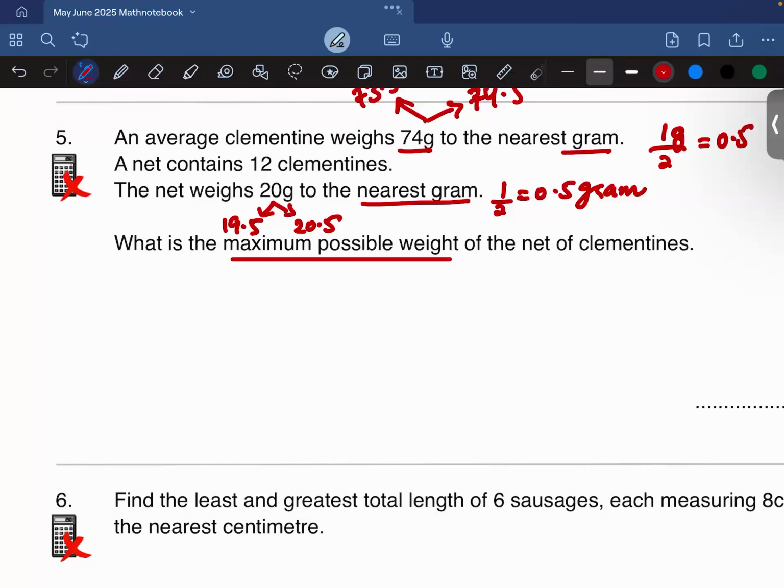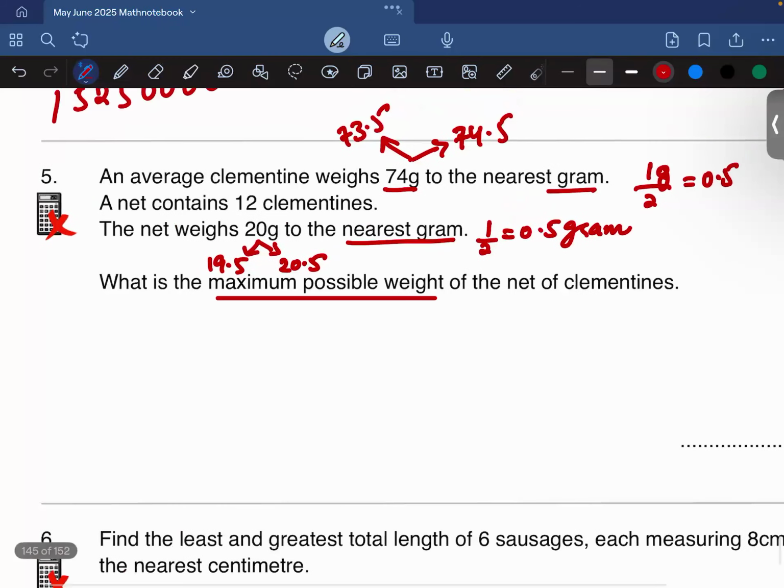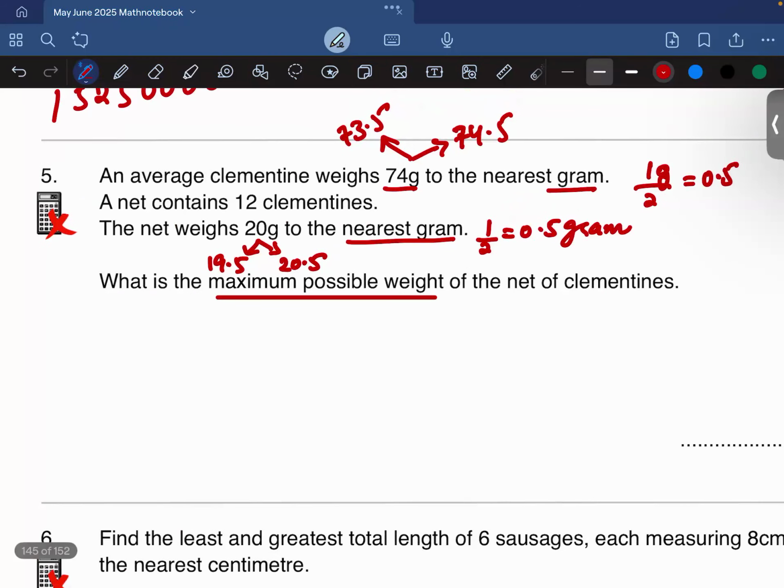An average clementine weighs 74 gram to the nearest gram. 74 gram is what they guessed, for example. To the nearest gram means 1 gram can go up and down, so 1 divided by 2 is 0.5. A net contains 12 clementines. Now the net weighs 20 grams to the nearest gram. What is the maximum possible weight of the net of clementines?